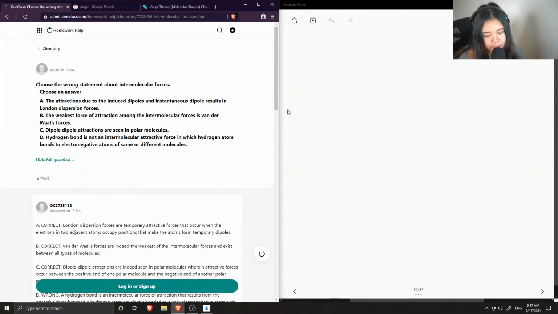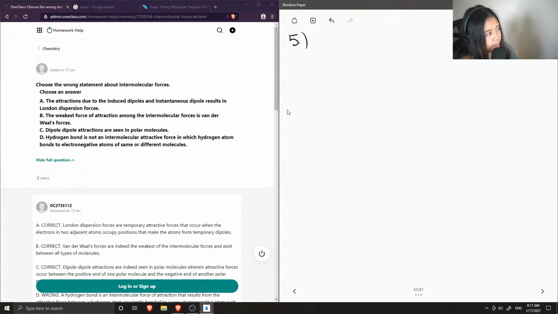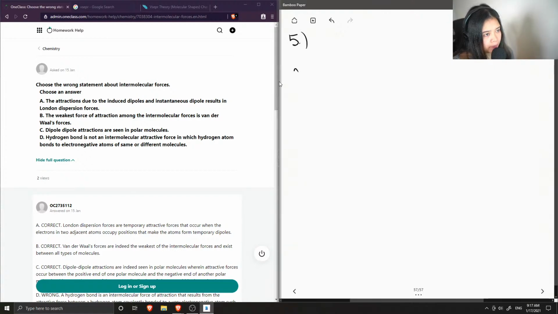Okay, so question number 5. Choose the wrong statement about intermolecular forces. So for A, the attractions due to the induced dipoles and instantaneous dipole results in London dispersion forces. Okay, so A is actually correct.